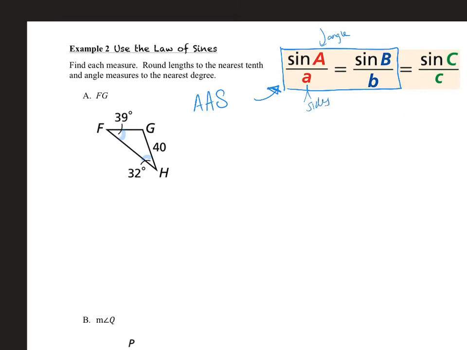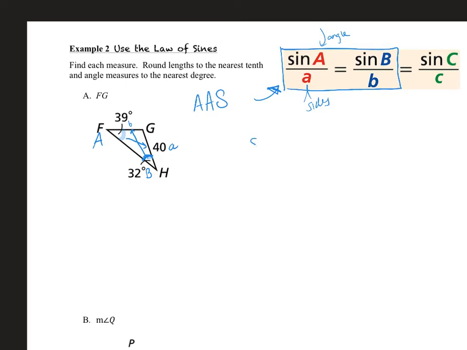So if I'm talking about angle F as angle A, then the side opposite that would have to be lowercase a. And I can call this angle capital B, and the side opposite that we're trying to find is going to be lowercase b. So we don't know the length of FG, we're going to call it lowercase b.